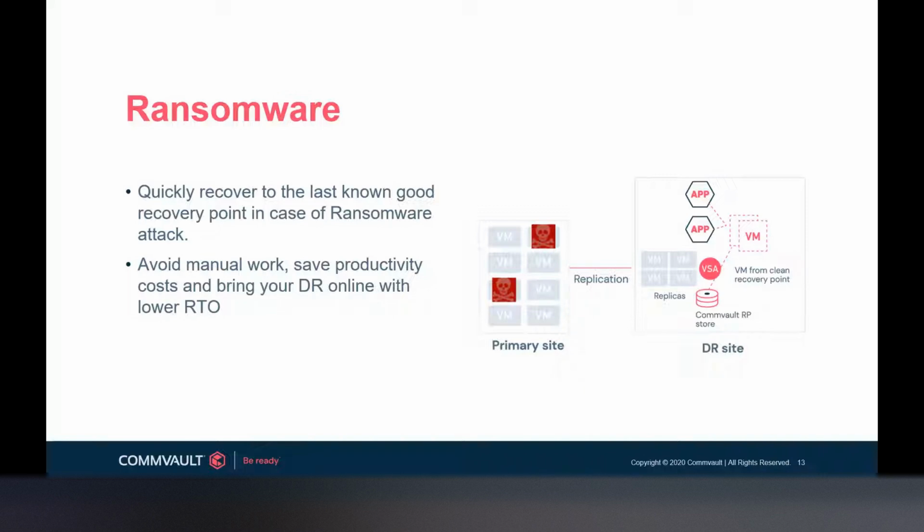The other thing, of course, to protect against ransomware is the possibility to create copies of the data on different types of media. It can be tape, it can be object storage on-prem or in the cloud, it can be another disk storage, depending on what you would like to leverage, and you can maintain that data in different locations.